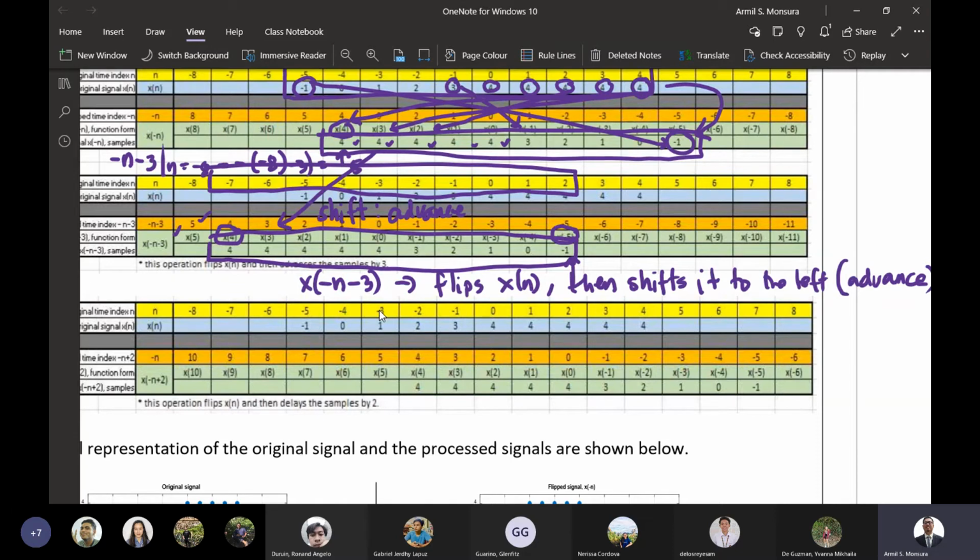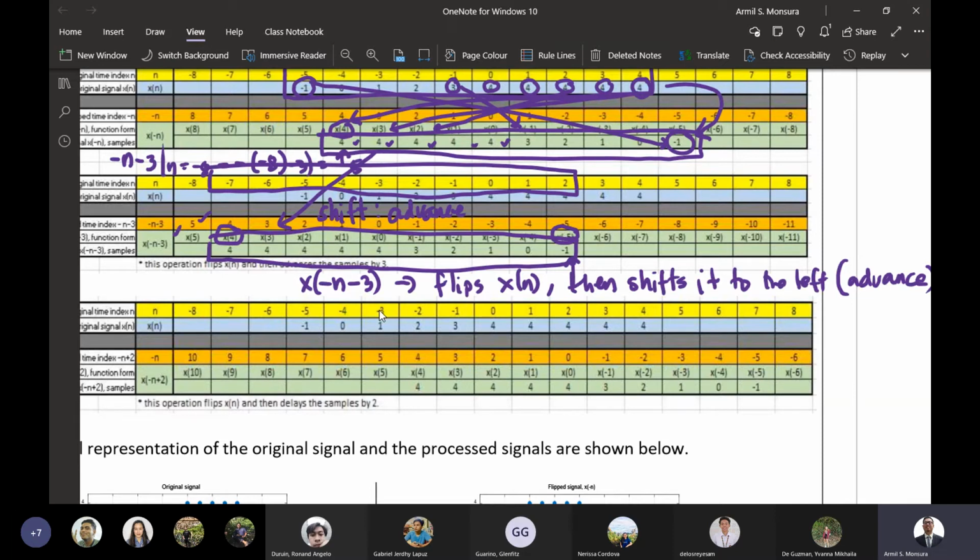Pwede yung flip and advance ba? Pwede ko ba ring tawagin na advance and flip? Or advance then flip? Sige, hindi ko muna hihingin sa inyo yung sagot.